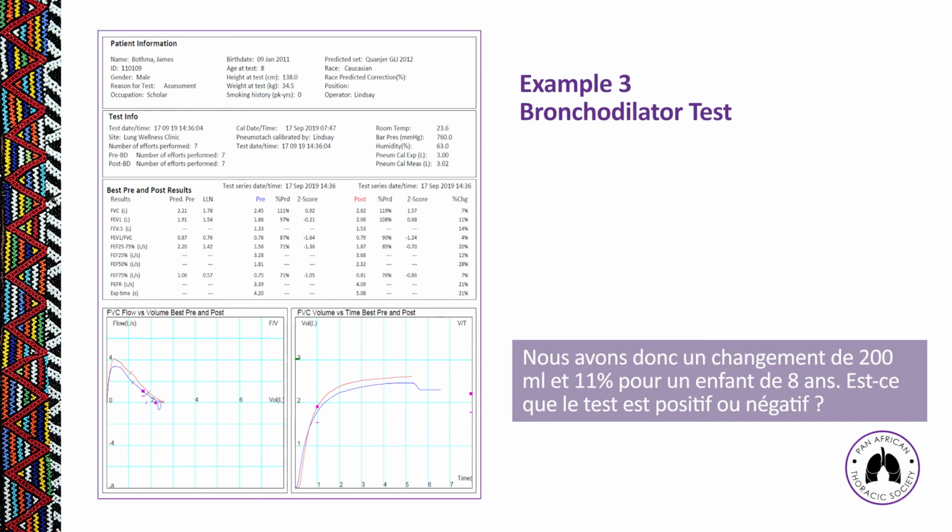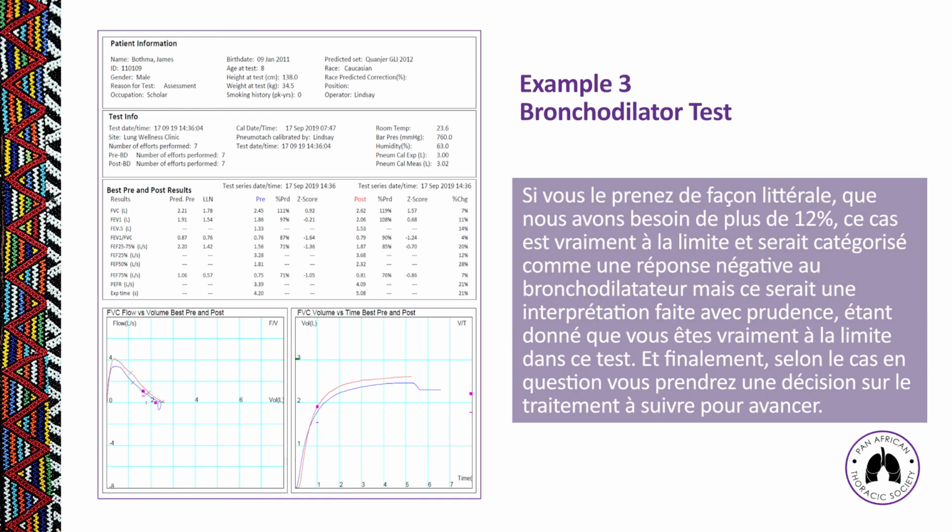So we have a change of 200 mils and 11% on an 8-year-old child. Is the test positive or negative? If you're taking it literally, remember we need more than 12%. So this is a very, very borderline result. It would have to be categorized as the negative bronchodilator response, but you would interpret that with caution, understanding that you're at the very borderline there. And depending on what you're looking for, you would then make your treatment decision going forward.